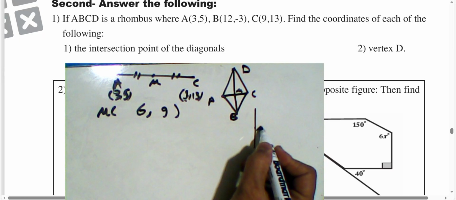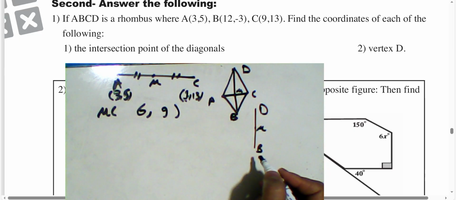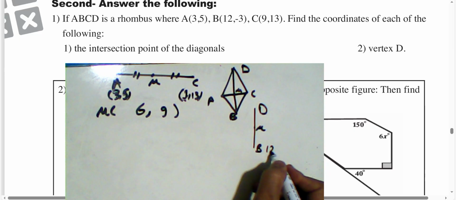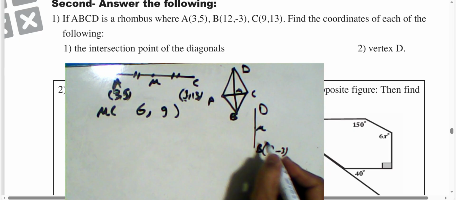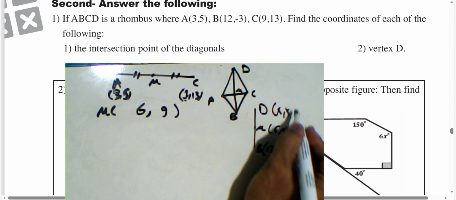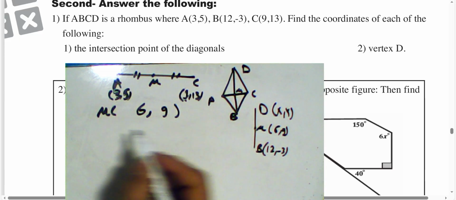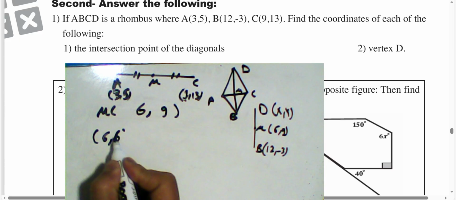And also M is the midpoint between B and D. He gave me in the example the coordinates of B: (12, -3), and we got point M was (6, 9), and we want to find the coordinates of D. We will put the point D equal (X, Y) and start from the midpoint M, (6, 9).